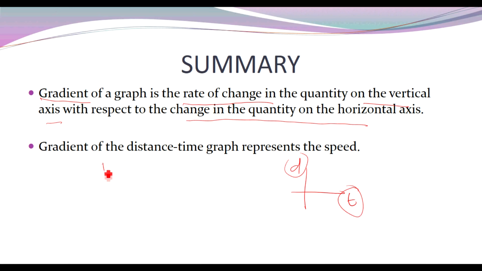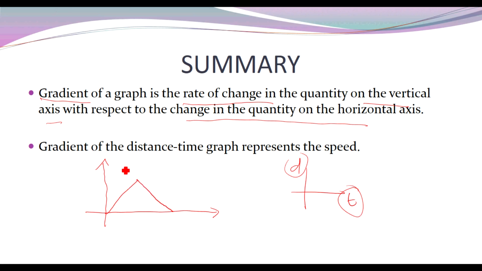You also must remember when you have a distance-time graph, when the line is a straight line like this, this is uniform speed. This represents uniform speed because it is a straight line. When the straight line changes direction, for example like this, that means the gradient also changes, right? So this is not uniform anymore.